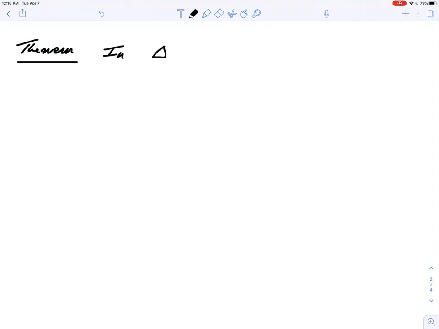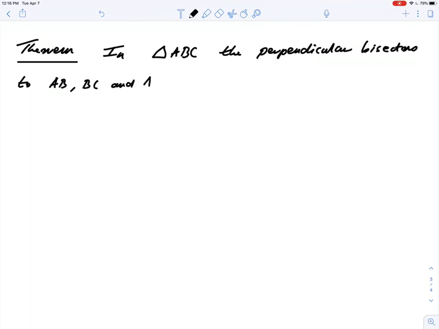In a triangle ABC, the perpendicular bisectors to all three sides, so to AB, BC, and AC, all intersect at one point.